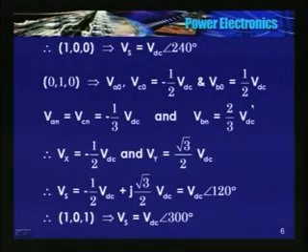So what will be the VAN, VBN and VCN for this combination? A phase is off, C phase is also off. So VAN is equal to VCN, that is equal to minus 1/3 VDC, and VBN is equal to 2/3 VDC.